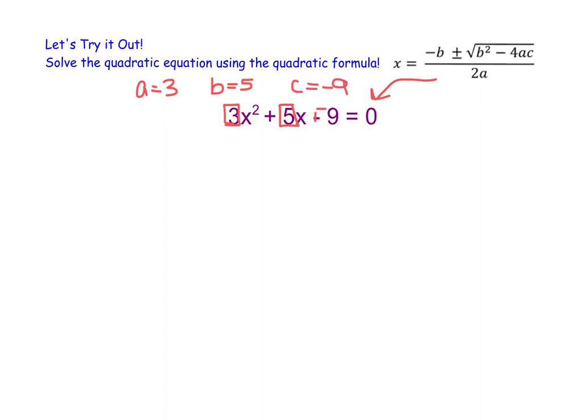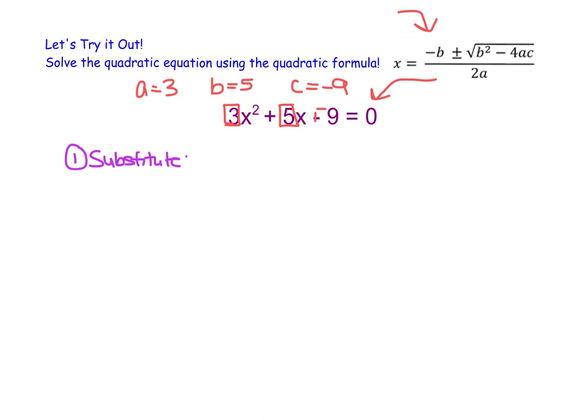So I start off by identifying the a, b, and c values that go into the quadratic formula. Then from here, my next step is to substitute all of these values into my equation. So I always say my first step is to substitute. And so we start off doing that.